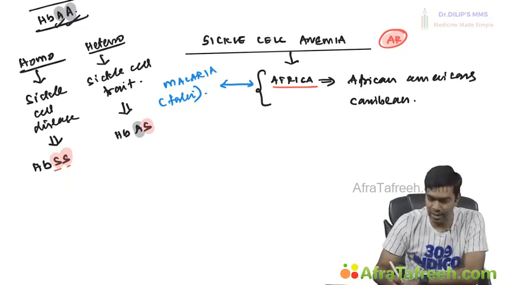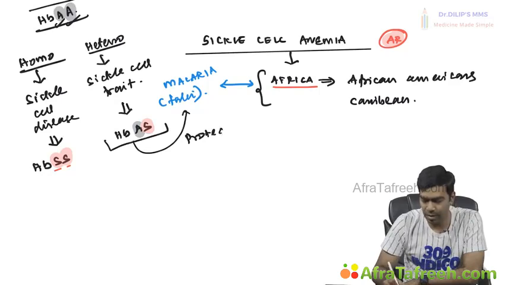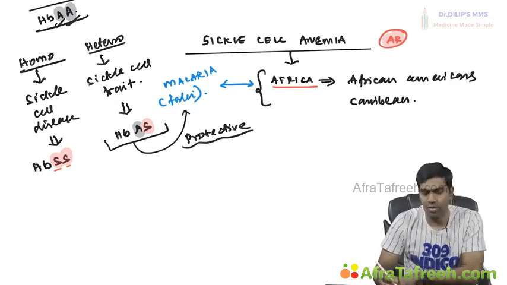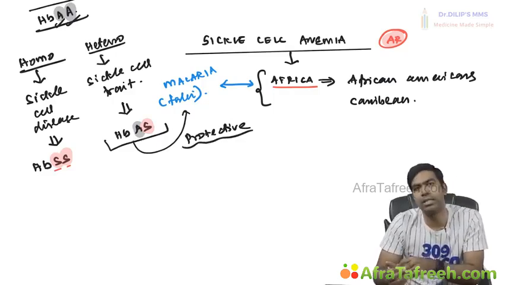So this sickle cell trait is actually protective against malaria, especially falciparum malaria. That is why evolutionary biologists think that the sickle cell trait would have evolved as an evolutionary advantage to prevent deaths due to malaria. You might be asking, why do you care about malaria? You don't care about malaria right now. But as a part of evolution, malaria is one of the mass killers in the world.